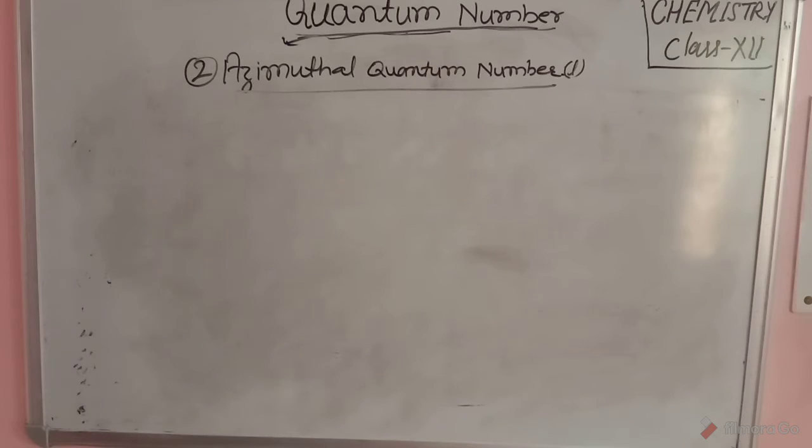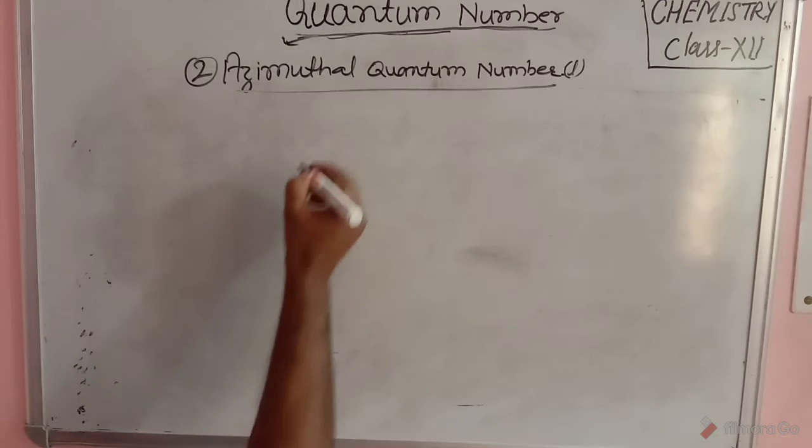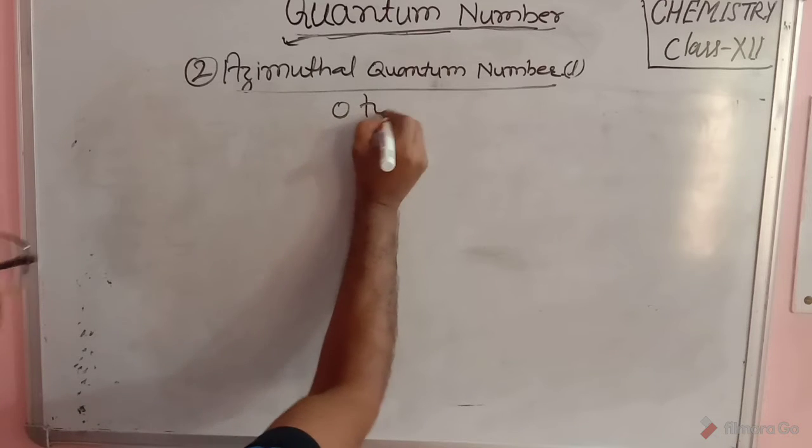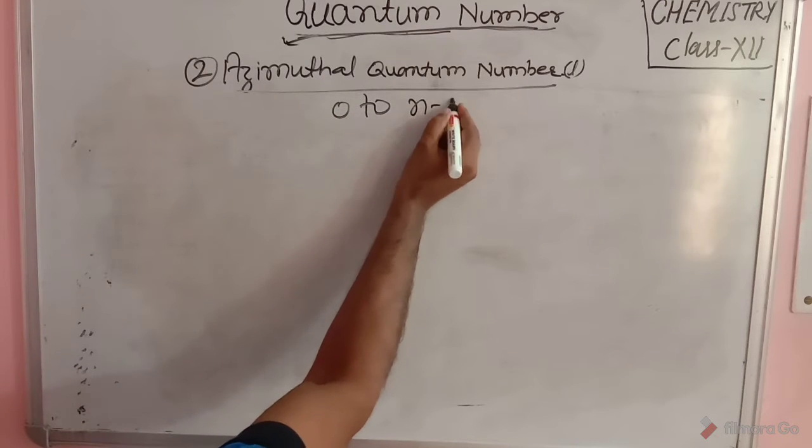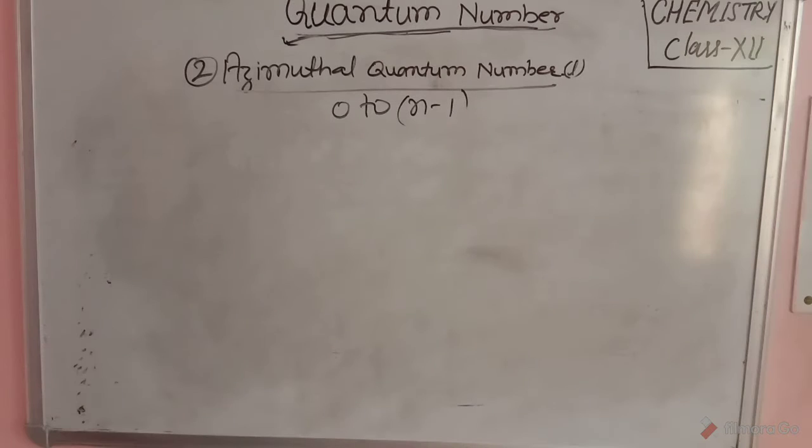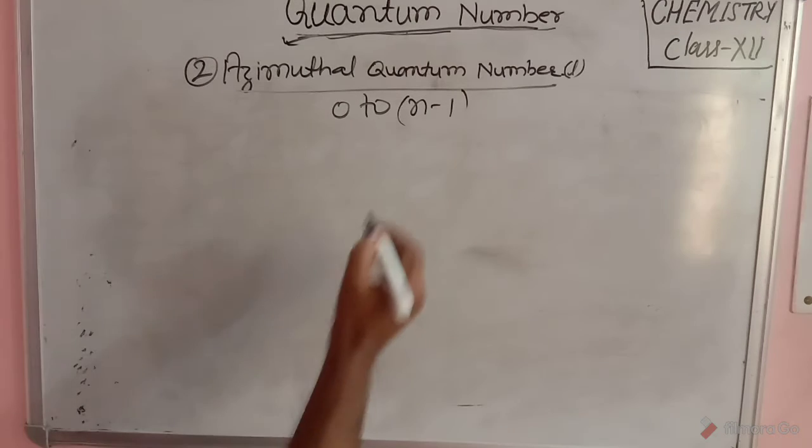Now for the second, that is azimuthal quantum number, which is denoted by small l. It has integral values from 0 to n minus 1. Each value corresponds to the energy of subshells in which electrons are located.